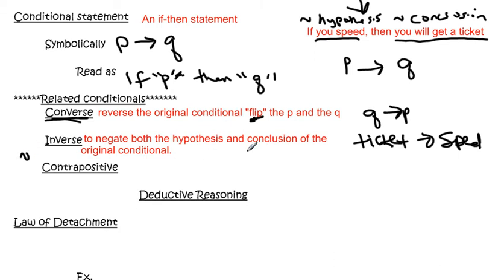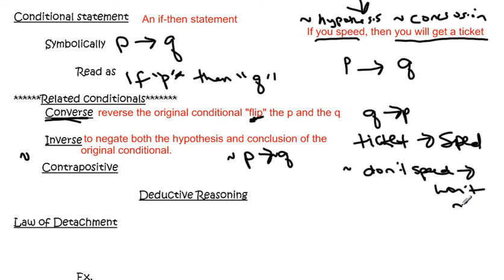So what I would do is take my original conditional, if P then Q, and negate the P and negate the Q. So going back to my speeding and then getting a ticket, the inverse of this conditional would be if you don't speed, then you won't get a ticket. So the inverse is to insert a not.